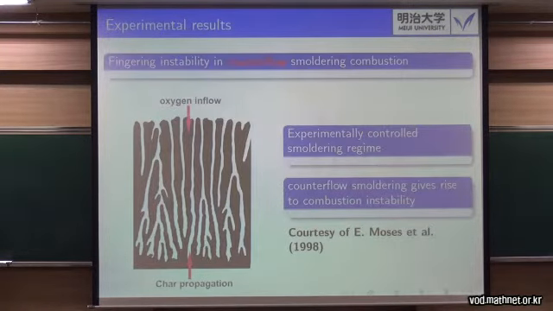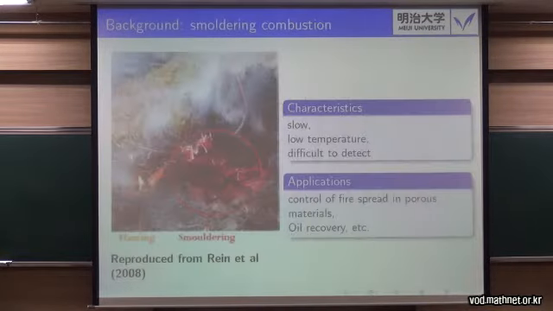So first of all, I would like to consider a typical example of counterflow smoldering combustion, which has been conducted experimentally in a controlled environment, because what I showed earlier is a typical case of a natural environment where oxygen is flowing naturally.